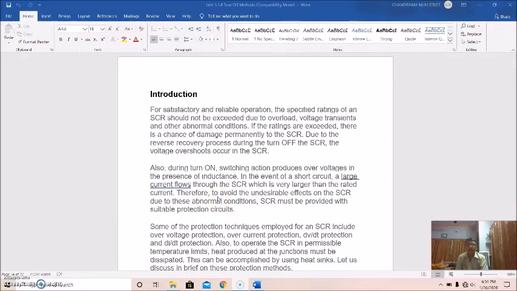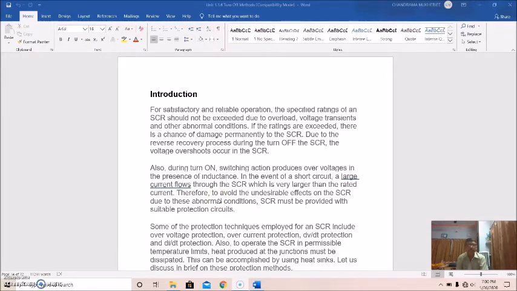During turn on or turn off, whatever be the case, the switching action produces overvoltage in the presence of inductance. Even in case of a short circuit, a large current flows through the SCR, which is much larger than its current rating.